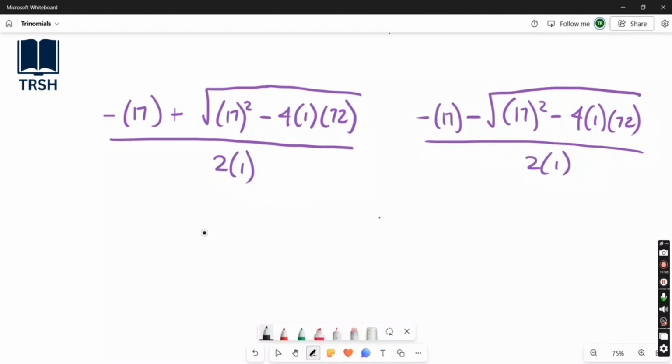So you will get, for example, let's quickly punch it in our calculator. So we'll have negative, I'm going to do the first one, 17 plus 17 squared minus 4ac, which is 72, divided by 2a, where a is 1.